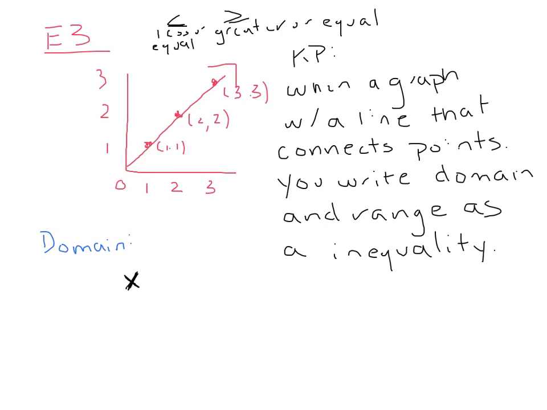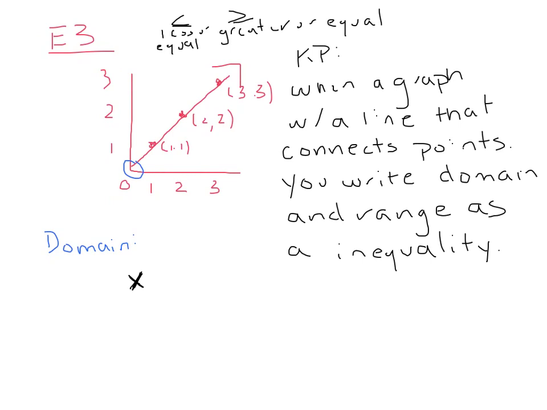Now, first, let's start with the bottom. We can see on the graph that our line goes all the way to 0. So the lowest number that our x is going to be is 0. So I know that x needs to be greater than or equal to 0. Now when we write this, we know that at the end it's going to be 0.